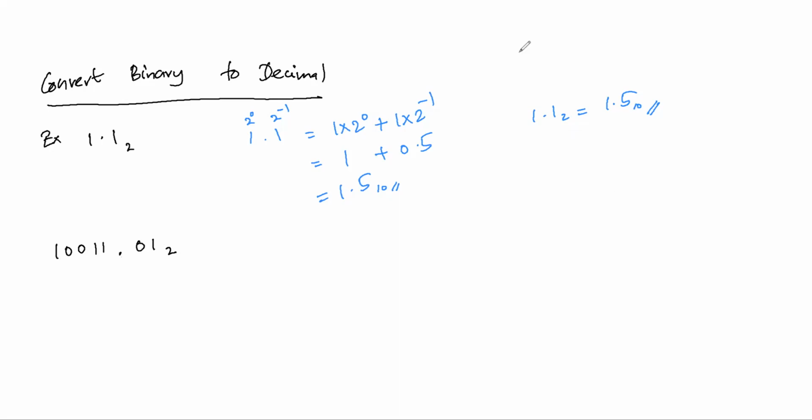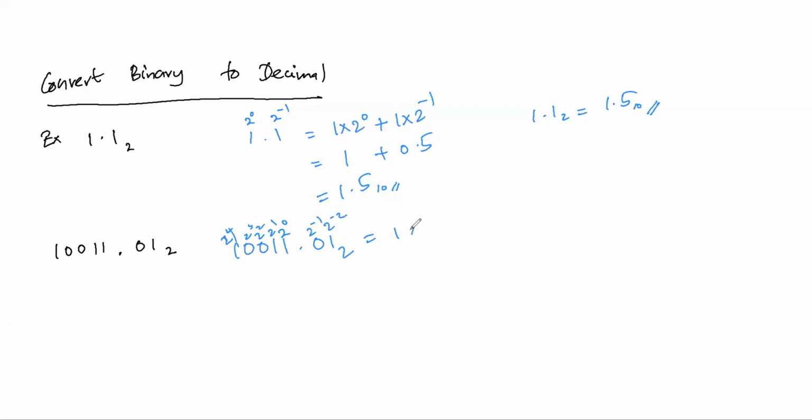Let's convert this into binary, sorry, decimal. This time we have 10011.01, so this is binary and then we need to convert into decimal, so we'll put the weighting factors. This is 2 to the power 0, 1, 2, 3, 2 to the power 4, and here this is 2 to the power minus 1, this is 2 to the power minus 2.